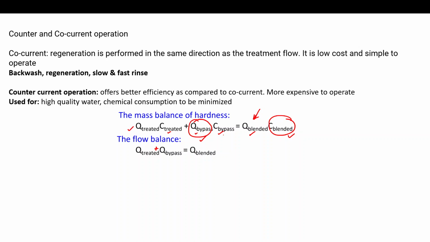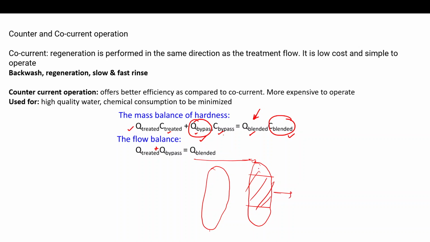When the bed is saturated, you cannot say wait, so you will have two or more beds always. While one bed is under operation, once it has saturated, the wastewater will be sent to another fresh bed, right?